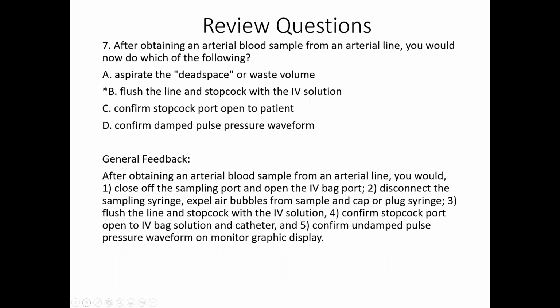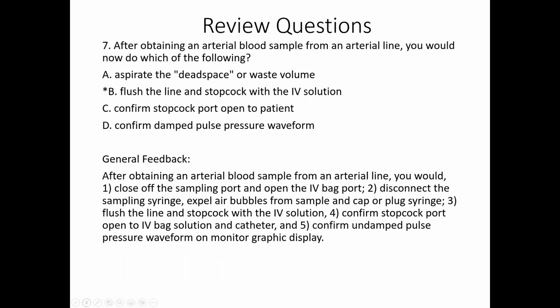After obtaining an arterial blood sample from an arterial line, you would now do which of the following? Aspirate dead space or waste volume, flush the line, stopcock with IV solution. That is your correct answer. You guys have done this clinically, so just apply what you know clinically, and that's what the general feedback is talking about.